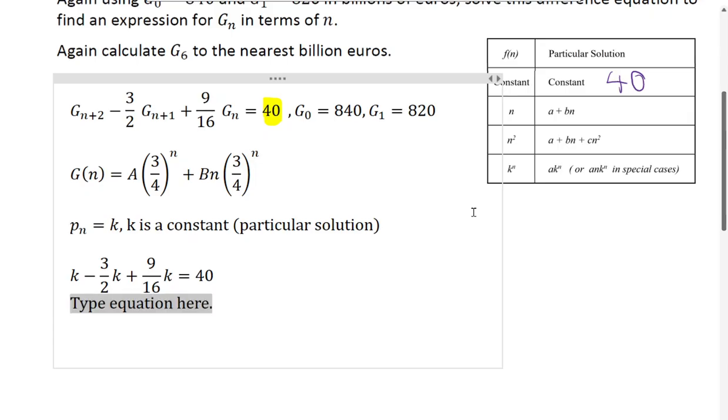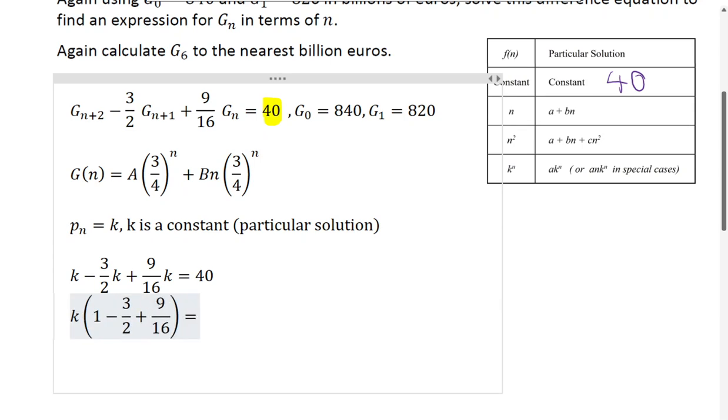So k by 1 minus 3 over 2 plus 9 over 16 equals 40. I'll just calculate that because I cannot do that in my head. 1 minus 3 over 2 plus 9 over 16 is 1/16. So k by 1/16 equals 40, which means that k equals 640. So our particular solution is 640.